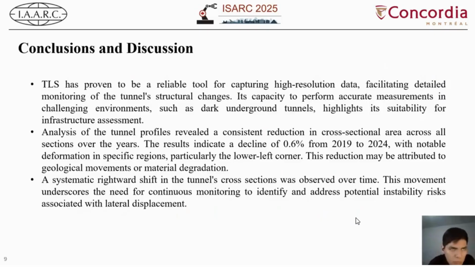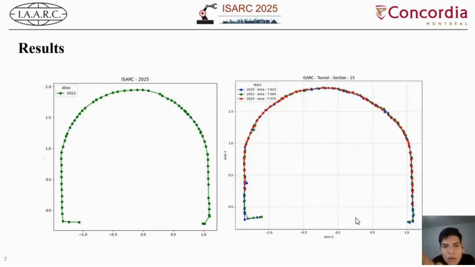This movement underscored the need for continuous monitoring to identify and address instability risk, which was shared with the lateral displacements, because if you see using millimeters, you will see the different movements each year.